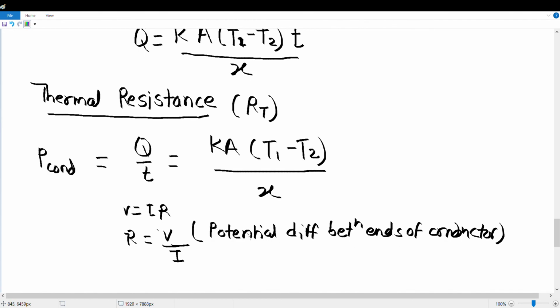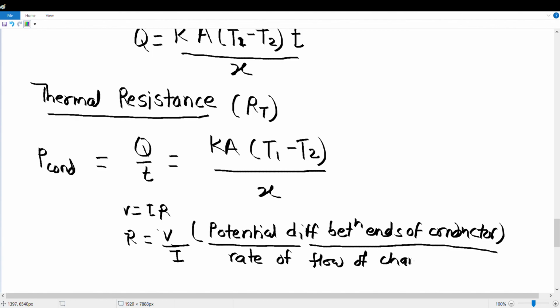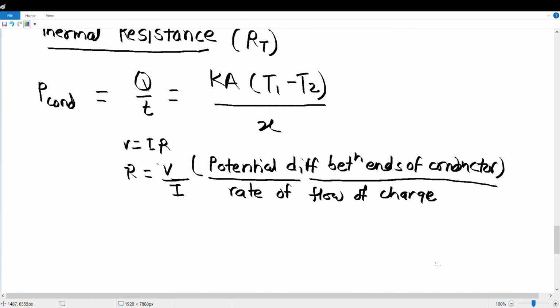And what is this I? This I is the rate of flow of charge. At what rate does the current flow?